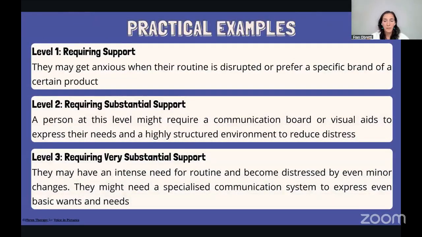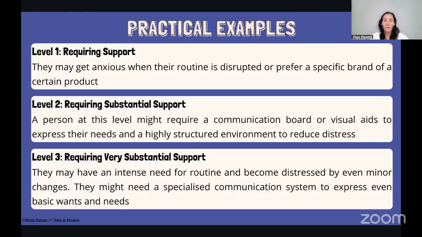So a few practical examples. At level 1, you might be seeing someone that gets anxious when their routine is disrupted. For example, they're about to have breakfast and they don't have access to their favorite brand of cereal. That's a cause of anxiety. Level 2, requiring substantial support.